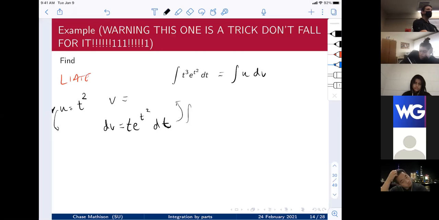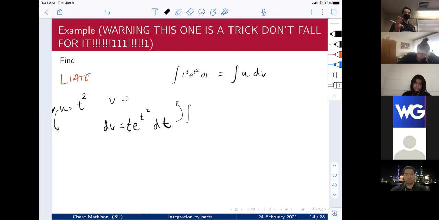Most of the time, LIATE won't lead us astray. Sometimes we run into situations like this, where the need to be able to integrate dv is going to force us to pick something slightly different than what we normally would. I can't integrate e to the t squared. You can't integrate e to the t squared. Einstein couldn't integrate e to the t squared.